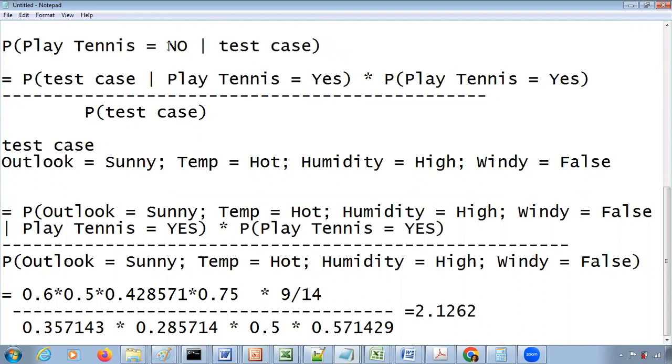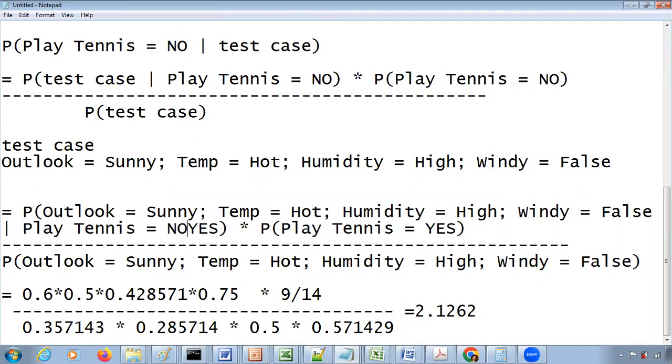There was yes for the play tennis, change it to no. The test case remains the same. That's very important to remember. So probability of each of those feature values given that play tennis equals no, times probability of play tennis equals no. That's the absolute probability.